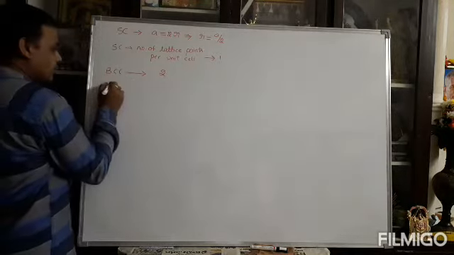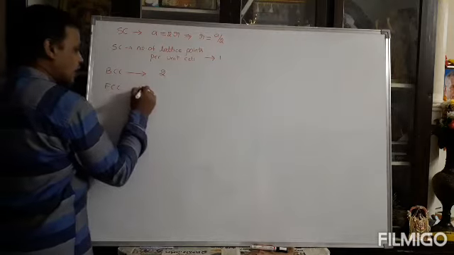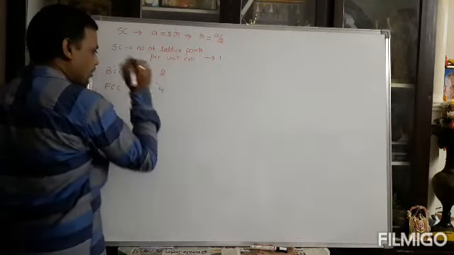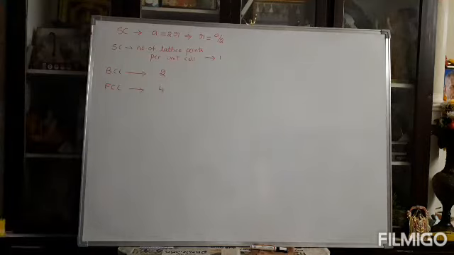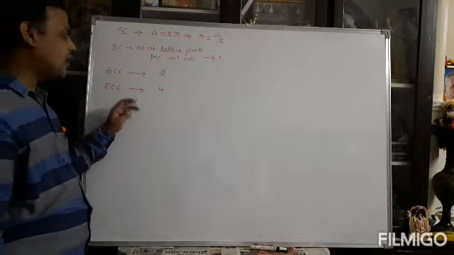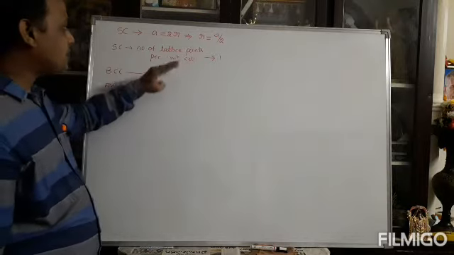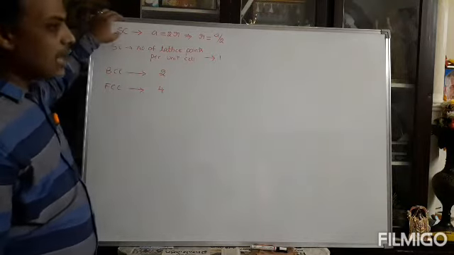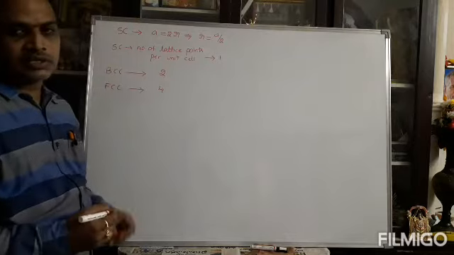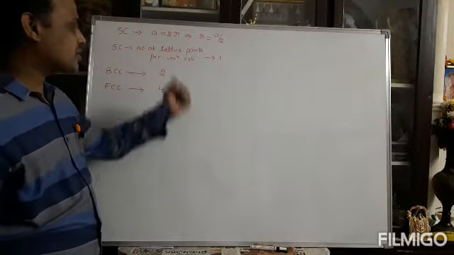Face centered cubic structure has totally how many? 4 are there. This is completed. After completion of lattice points per unit cell, we are calculating the atomic radius in different structures. So, simple cubic structure is completed.